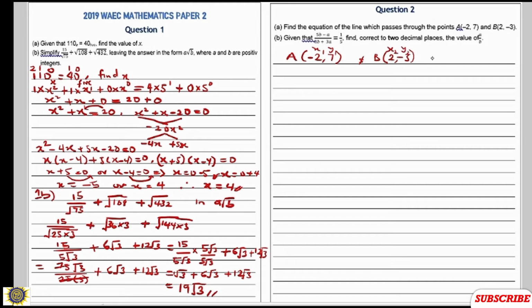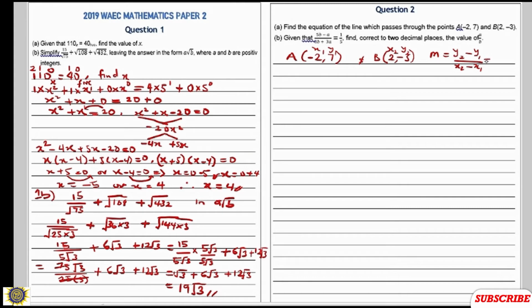So to calculate the equation of the line, first of all we need the slope, which is the gradient, and the slope is given as m equals y2 minus y1 all over x2 minus x1. Having known this, we can easily calculate our gradient.